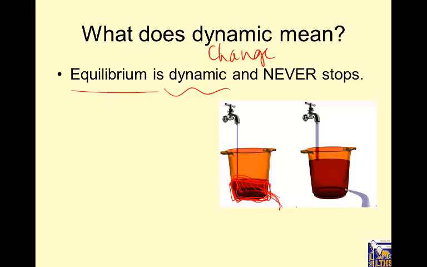So the water molecules are different, but the amount of water in there doesn't change. So what's changing at equilibrium? The rate. The forward stuff is changing into the reverse stuff, but what's not changing is the amount. What is changing is the rate.